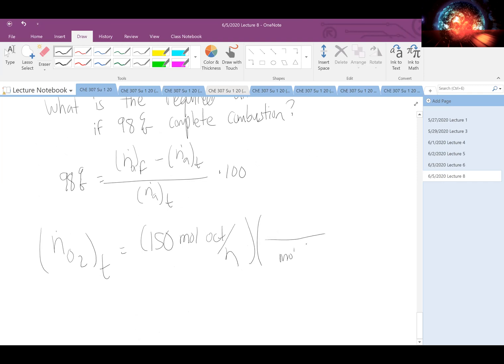For every mole of octane, I need 12.5 moles of O2, which is 1,875 moles of oxygen.